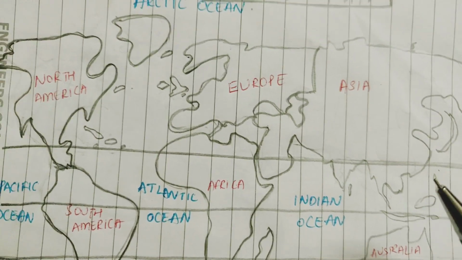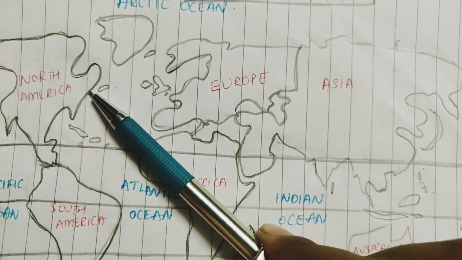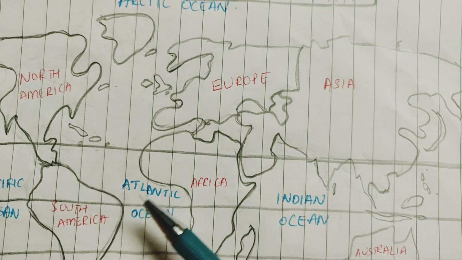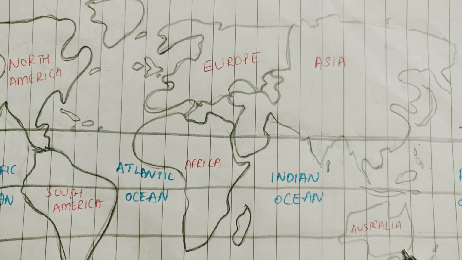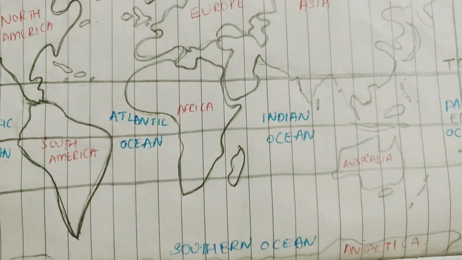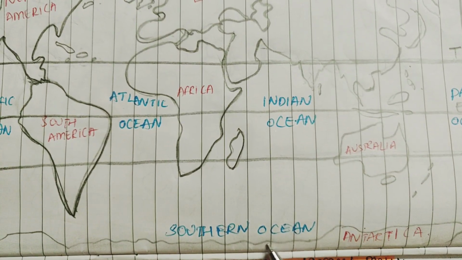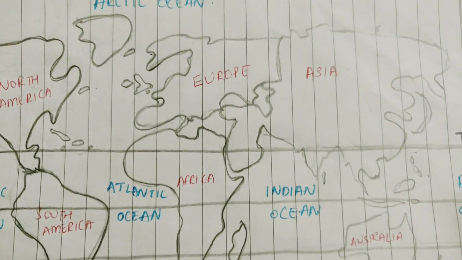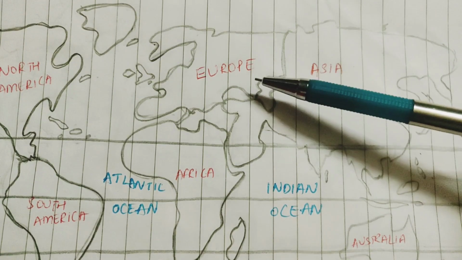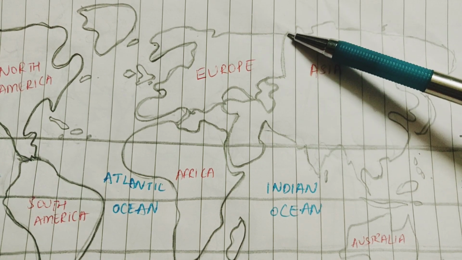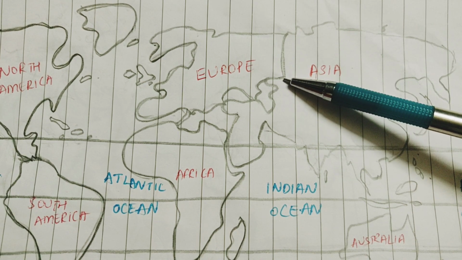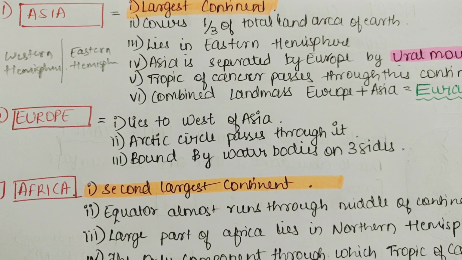Now the 7 continents are North America, South America, Europe, Africa, Asia, Australia, and Antarctica, which is in the southern hemisphere. Also, Asia and Europe are separated by the Ural Mountains. So here is the Ural mountain. Now let us understand about every continent.